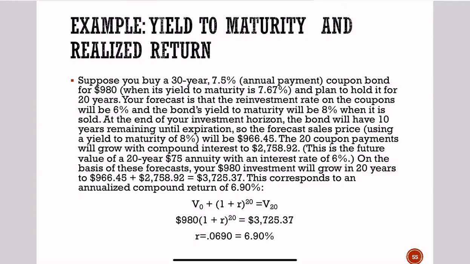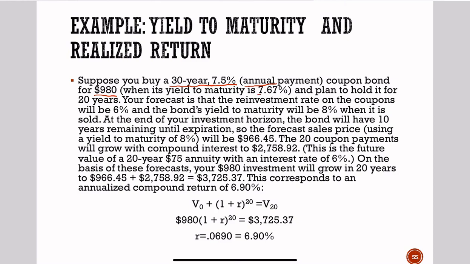Let's say you have a 30-year coupon bond, and the coupon rate is 7.5%, and you will also get annual payment. Of course, this is for simplicity. And the price of the bond was $980.